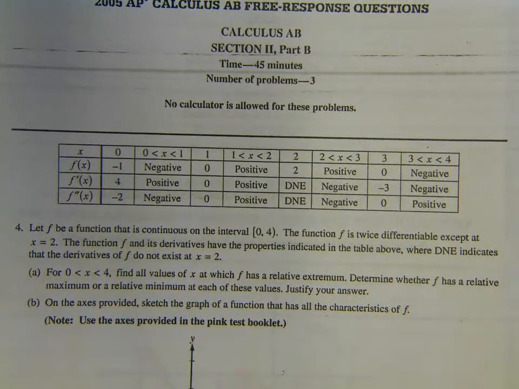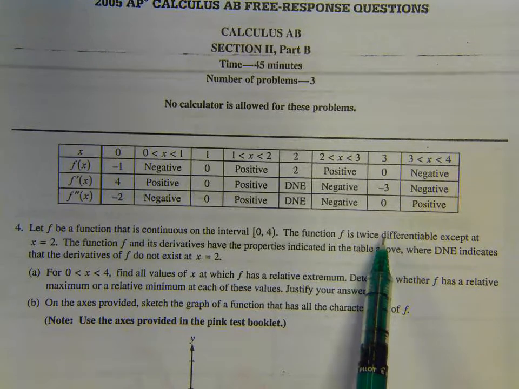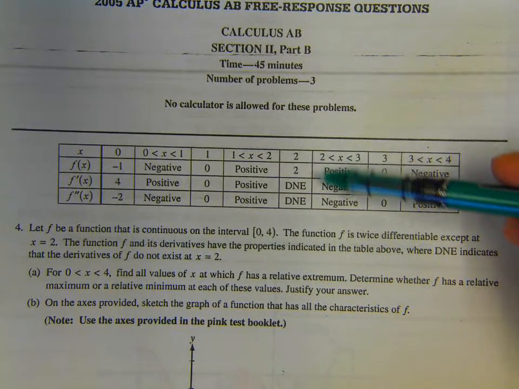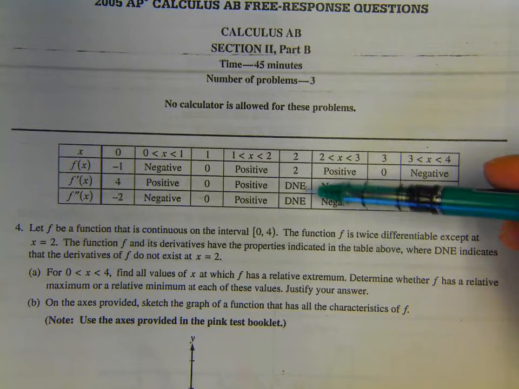Let f be a function that's continuous on the interval 0 to 4. The function f is twice differentiable except at x equals 2. So it tells you here that at x equals 2, the derivative doesn't exist, therefore the double derivative doesn't exist.